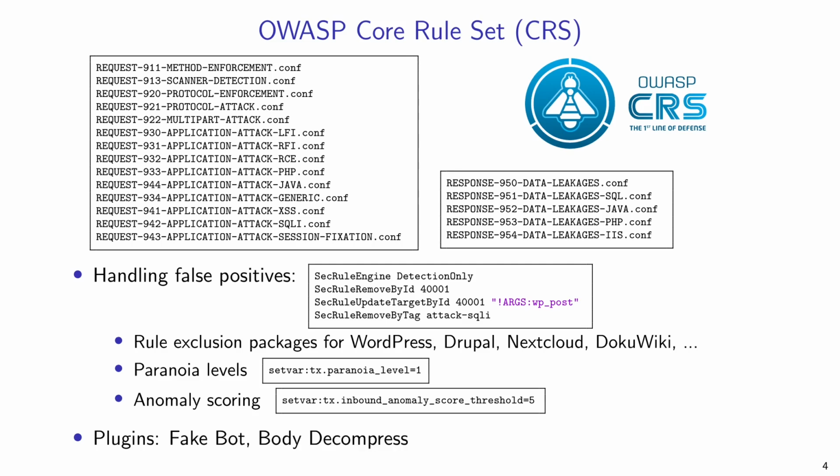The Body Decompress plugin enables on-the-fly decompression of HTTP response bodies if compression is applied by the web application. ModSecurity by default does not handle decompression, so this plugin must be enabled manually. And finally, the Denial of Service Protection plugin can count requests from an individual IP address and apply rate limiting if a configured threshold is exceeded.